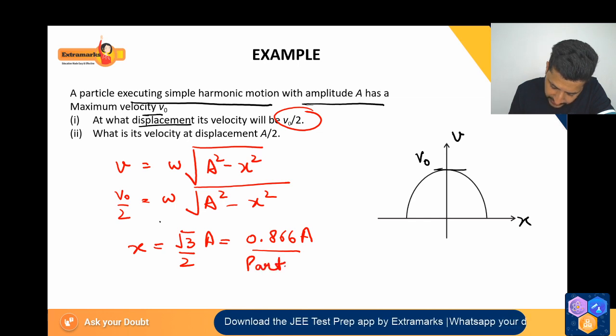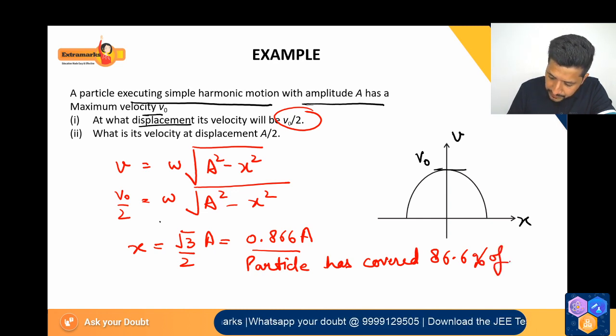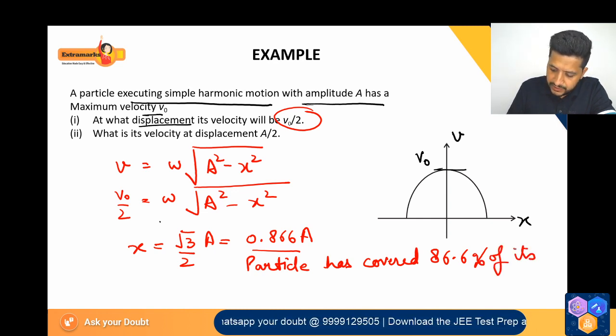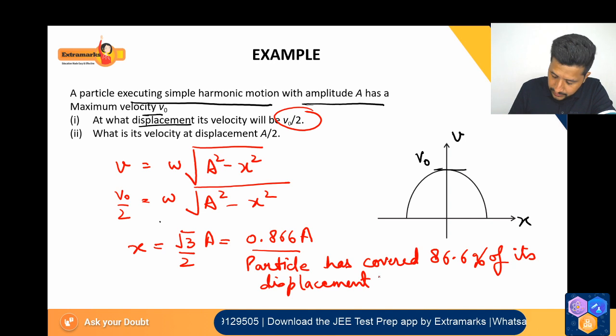Or I will write it down here: the particle has covered 86.6% of its displacement towards the amplitude.